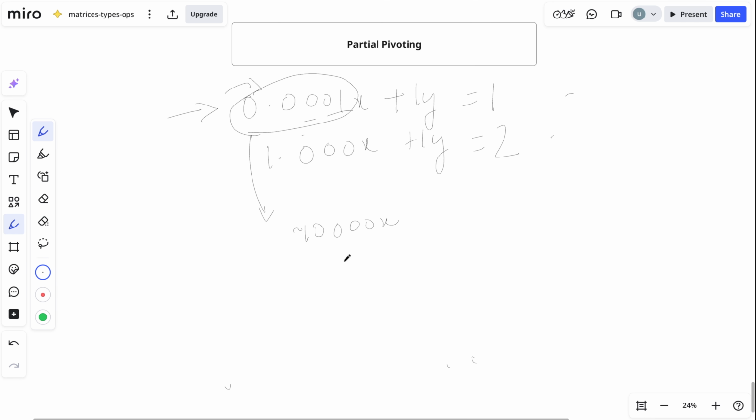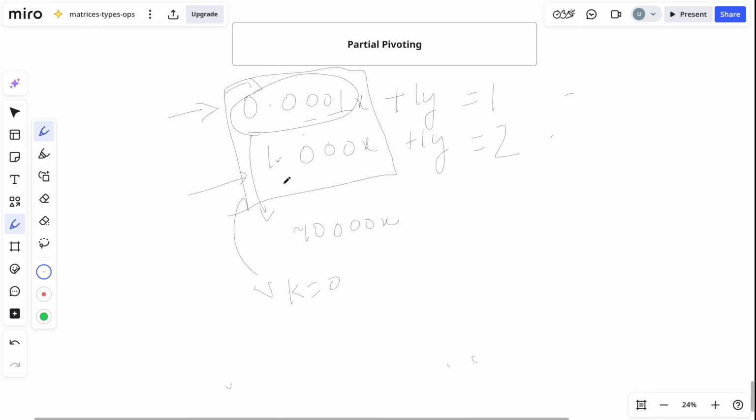Now what partial pivoting says is that we select, from the first column here, k is equal to 0, the largest element. What is the largest element here? That is this one, 1.000x, and then swap it with the topmost element.